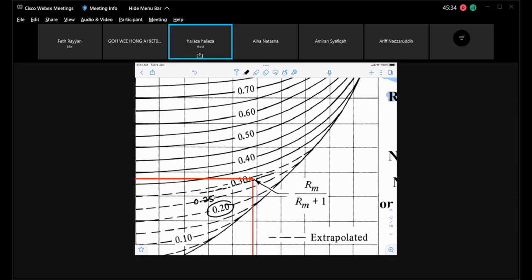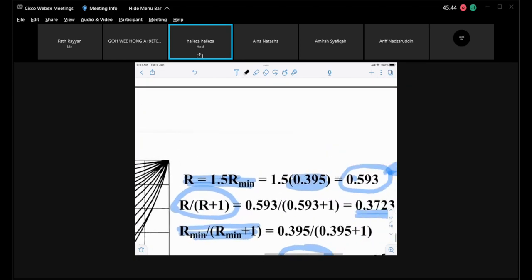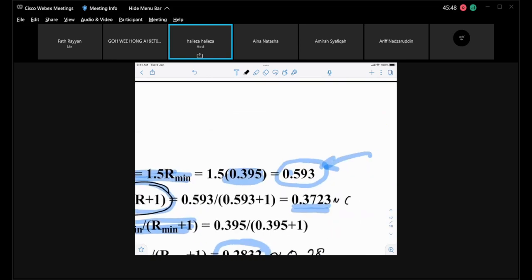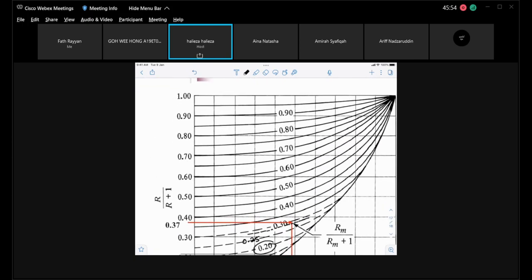So anywhere close to 0.3 is an estimate of 0.28. And my R over R plus 1, for my y-axis, I got a value of about 0.37. That is about somewhere there, because this is 0.3, this is 0.4.